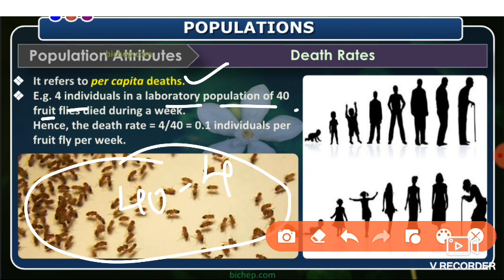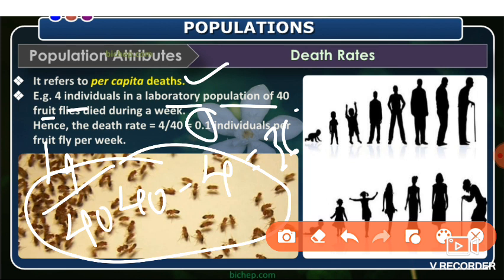40 minus 4 gives 36. But we are calculating a ratio. Here we do 4 divided by 40, which gives 0.1 individuals per fruit fly per week.